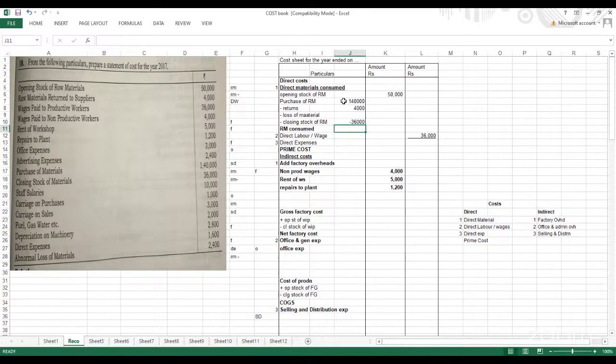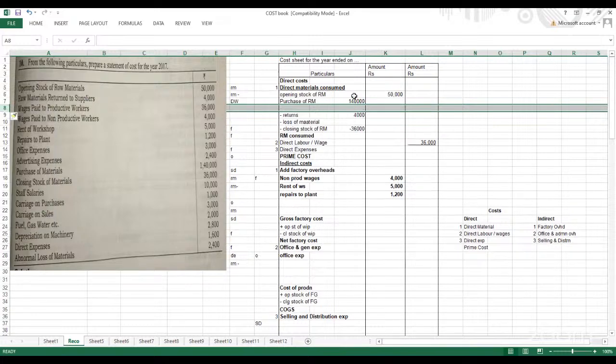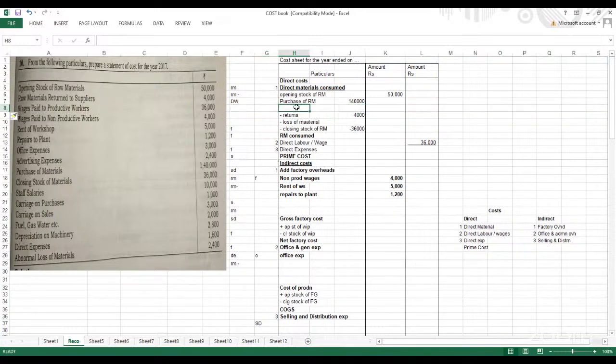Then RM marking is at the end. Carriage on purchase is there. I'll add a carriage on purchase. I need one more line. Carriage on purchase is 1,000.